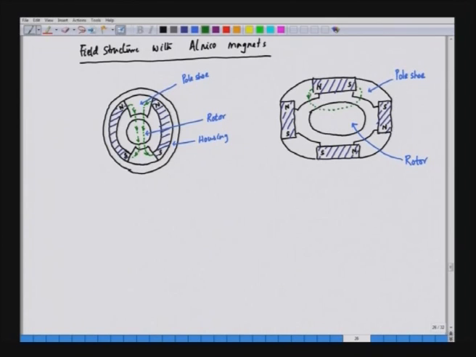This is one of the flux lines coming out of the north pole through the pole shoe and entering the south pole again through the pole shoe.